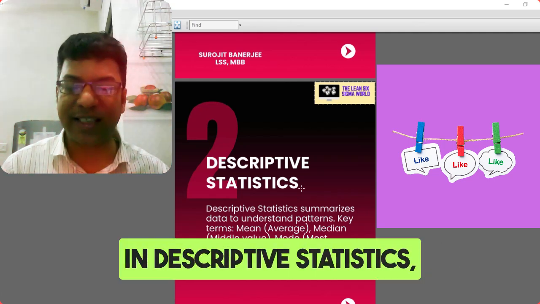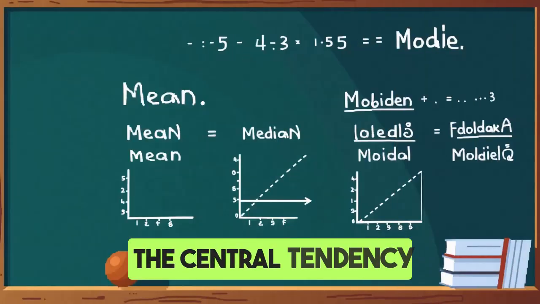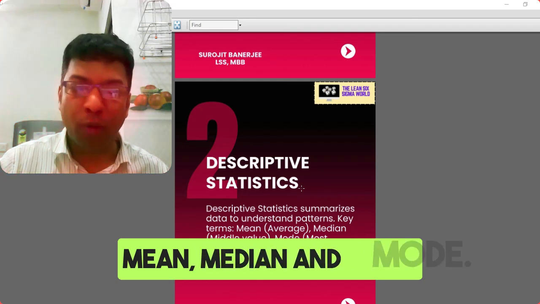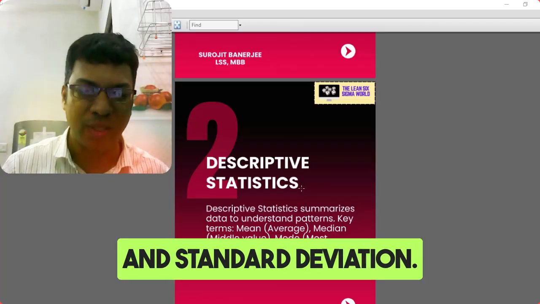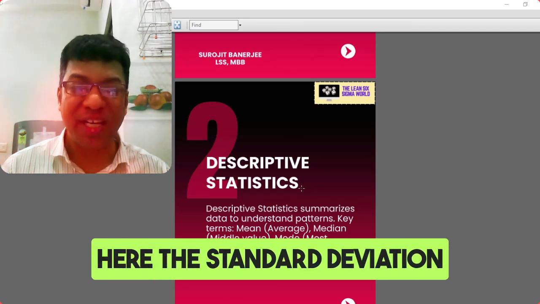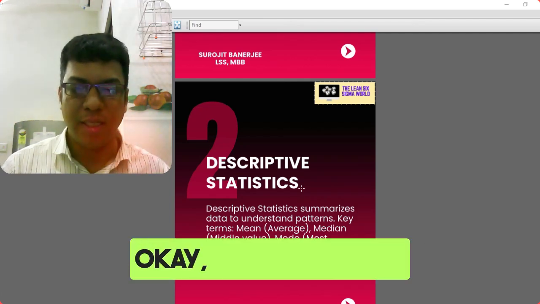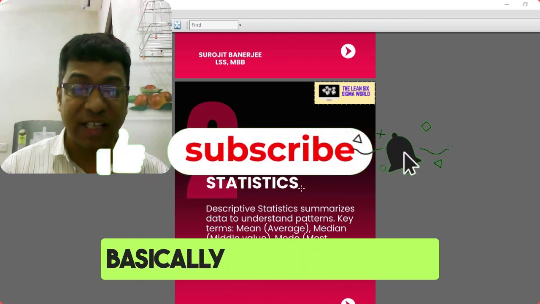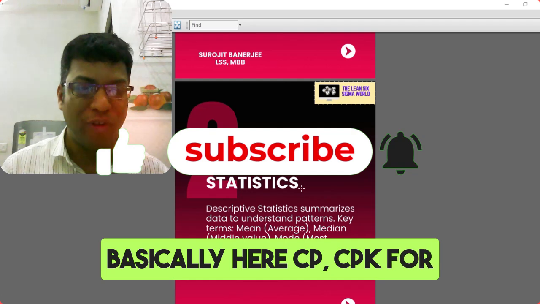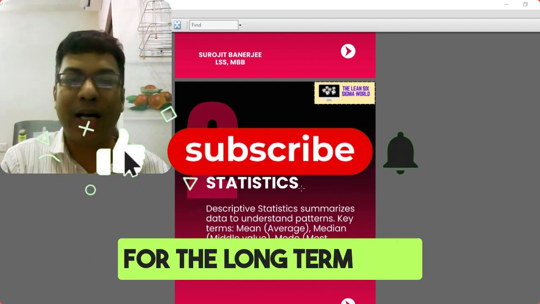In descriptive statistics, for the central tendency we go with mean, median, and mode. And for the spread of the data, we go with range and standard deviation. Here the standard deviation is S and variance is S squared. Now, if my data is continuous, we find CP/CPK for the short term and PPK for the long term data.